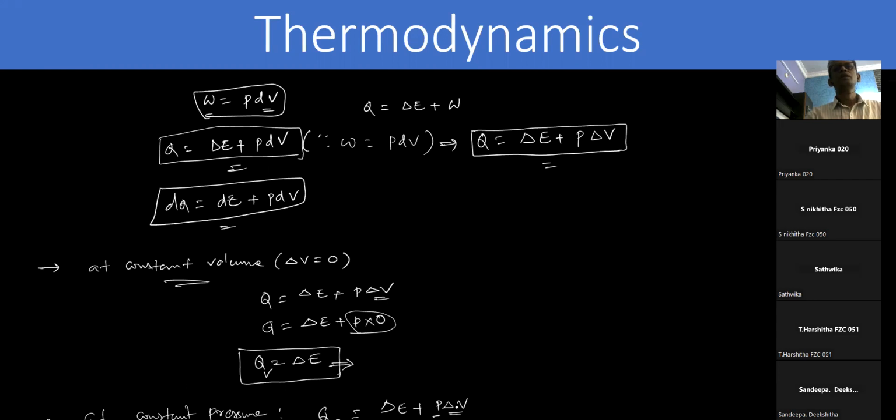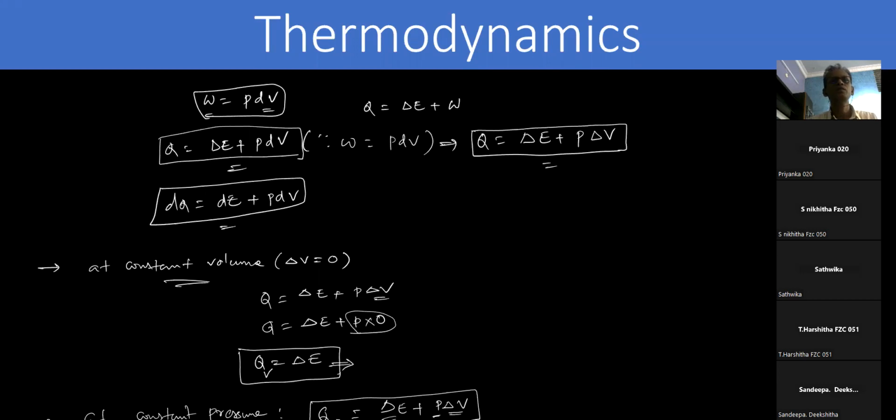At constant pressure, there is a change in volume. That's why at constant pressure, we write the equation as QP equals delta E plus P delta V as it is. That means at constant pressure, the amount of heat absorbed by the system is used to increase internal energy and some of the heat is used for work done by the system.